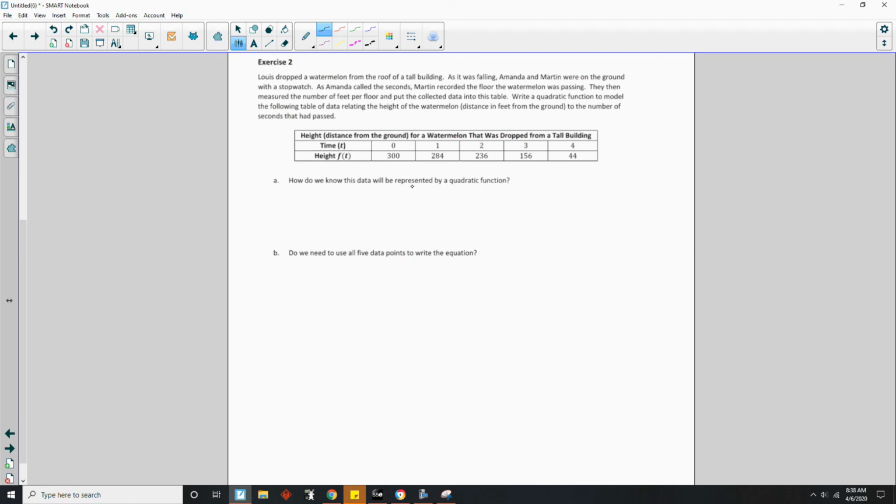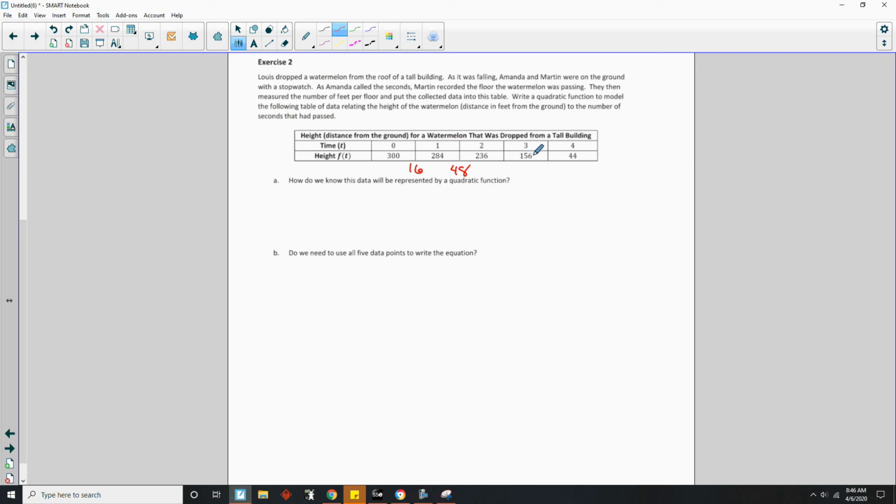How do we know this data will be represented by a quadratic function? Okay, so if it's quadratic, then we have to have a second difference that is equal. So I will do first differences. 300 minus 284, that is a difference of 16. The difference between 284 and 236 is 48.